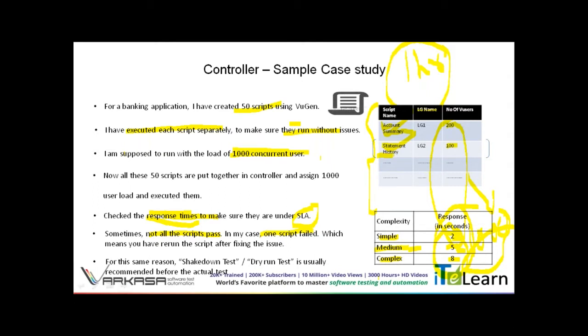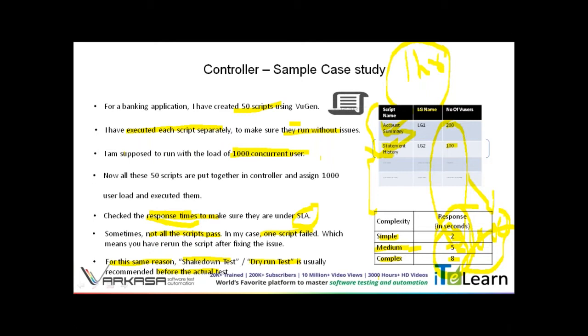For the same reason, guys, a shakedown test or a dry run test is usually recommended before the actual test. Let's say all 50 scripts have been uploaded into the controller, you are executing, and the statement history script has failed. So the whole test is now on hold.